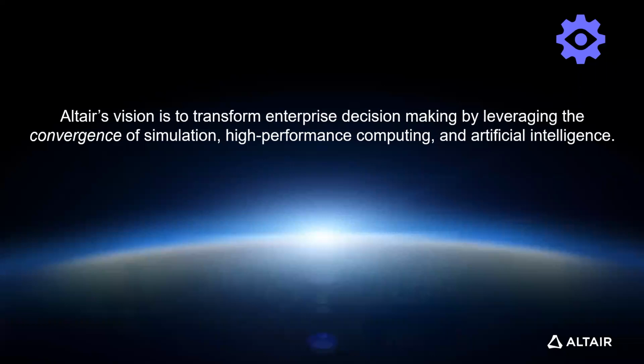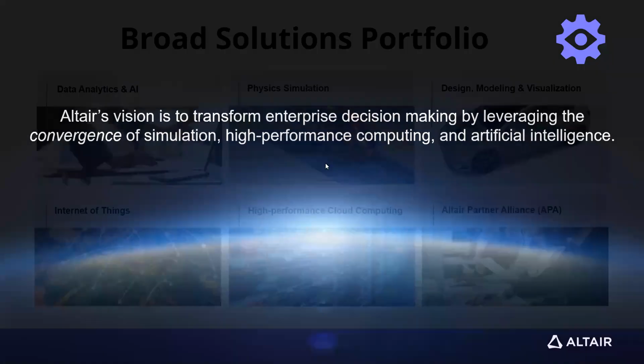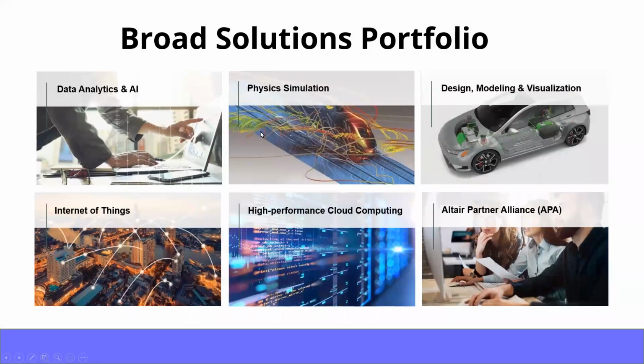So Altair is a company, and one of the great things about Altair is its vision is really to transform decision making by leveraging convergence of simulation, HPC, and AI. And what that means, obviously, we're talking today about HyperMesh and HyperWorks, which is pre-processing, a tool that's utilized for setting up CFD and FEA scenarios.